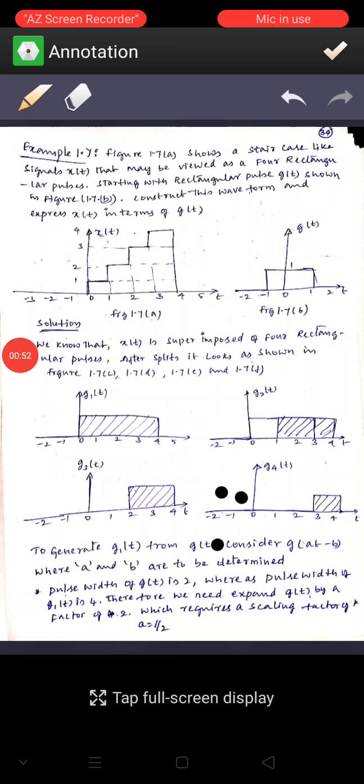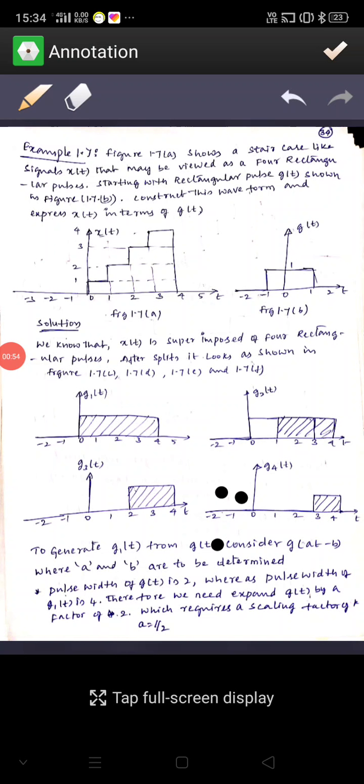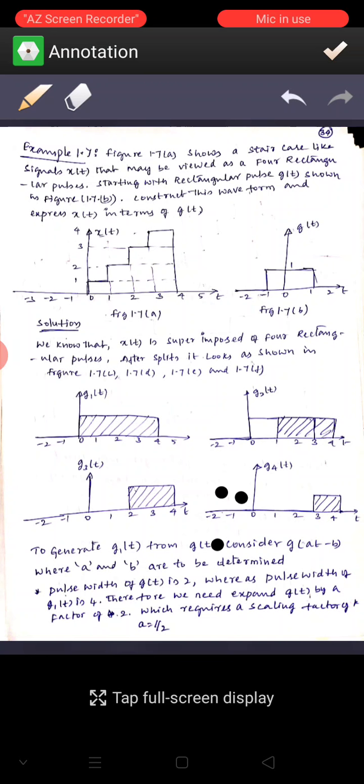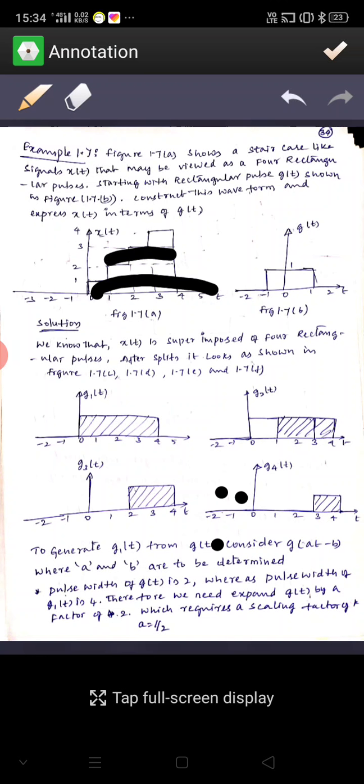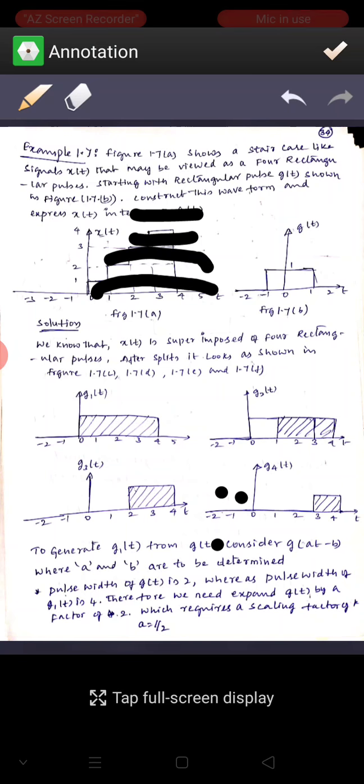We know that x of t is a superposition of four rectangular pulses, each with a different width.